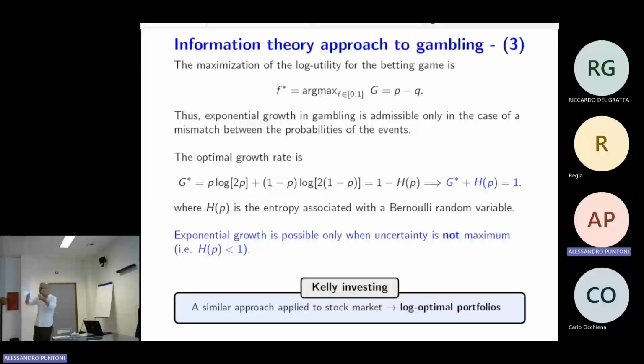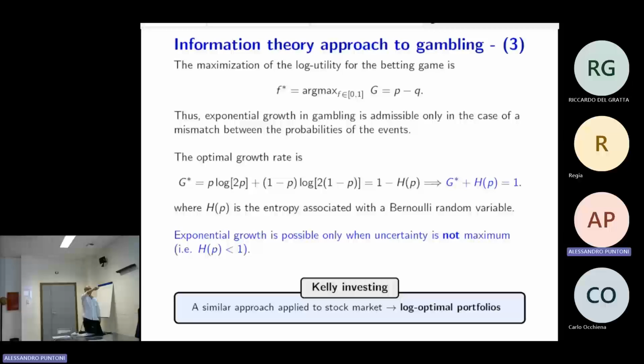Of course, we get an exponential rate of increase for our capital only if we have a mismatch in this game. More importantly, if we compute the optimal growth rate by doing a simple computation, we get a given law of conservation, in the sense that the growth rate plus the entropy of the game needs to be equal to 1. So what is the point?